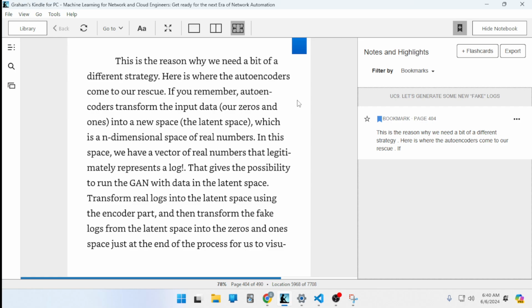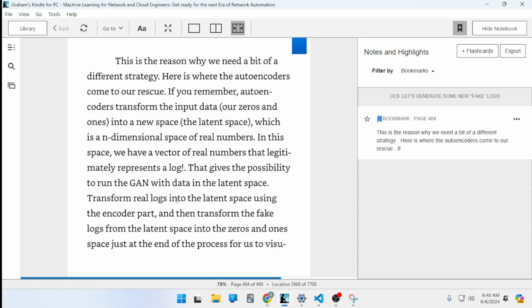If you remember, autoencoders transform the input data, our zeros and ones, into a new space, the latent space, which is a n-dimensional space of real numbers. In this space, we have a vector of real numbers that legitimately represents a log. That gives the possibility to run the GAN with data in the latent space.